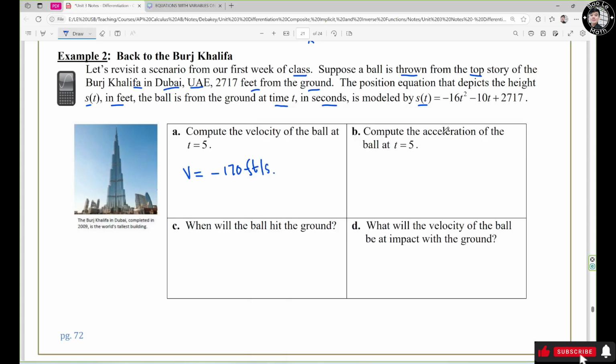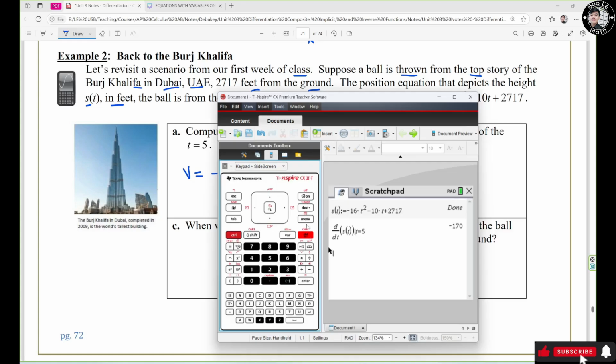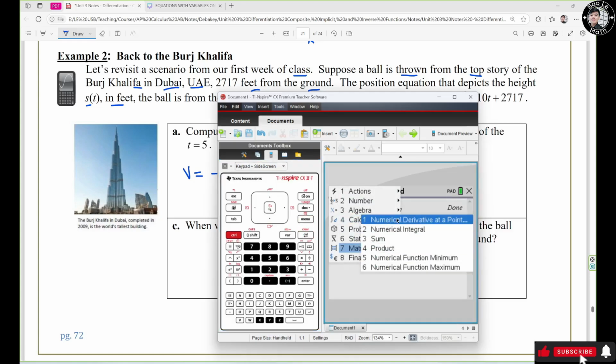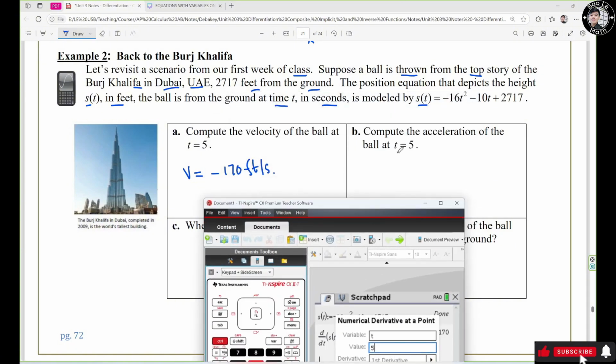The answer is negative 170 feet per second. Now, compute the acceleration of the ball at t equals 5, which means you take the derivative of the position twice. Hit menu, calculus, numerical derivative at a point. The variable should be t and the value should be 5, because t equals 5.